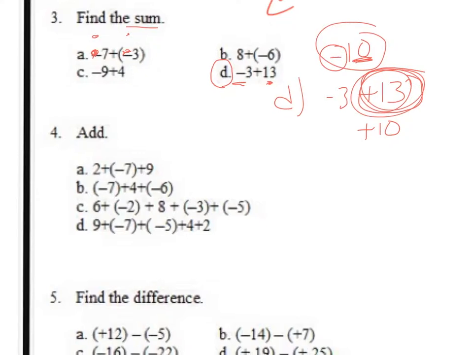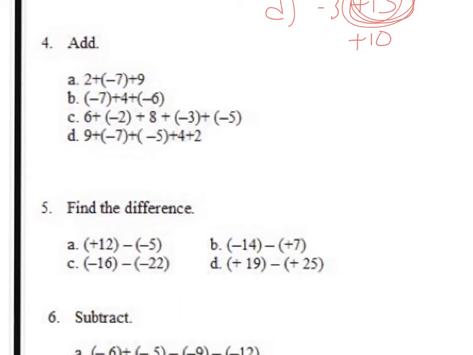So let's look at number 4. Anytime you're doing order of operations, you start from the left and you go to the right. There's no brackets. Well, there are brackets, but that's more just to keep that negative 7 away from that positive so we don't get confused. There's no exponents that we see.